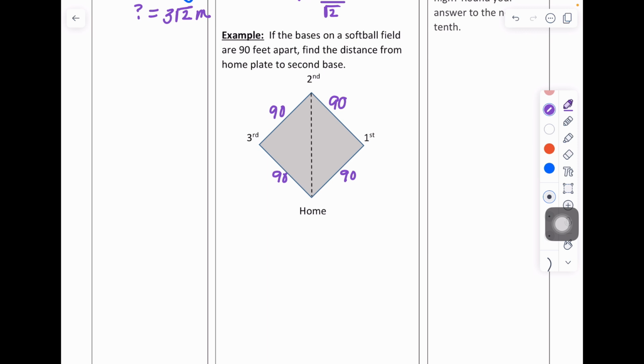It was originally a square because we have all 4 sides equal. So that also tells me about these angle measures, right? And I'm putting those in. Now the question is asking to find the distance from home plate to second base.